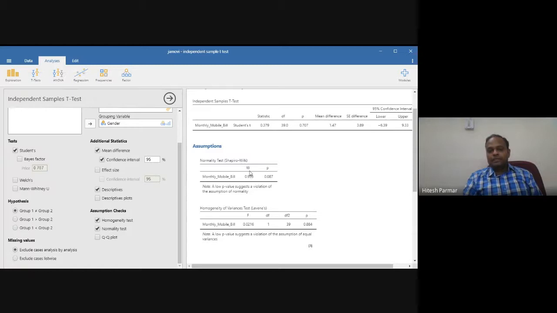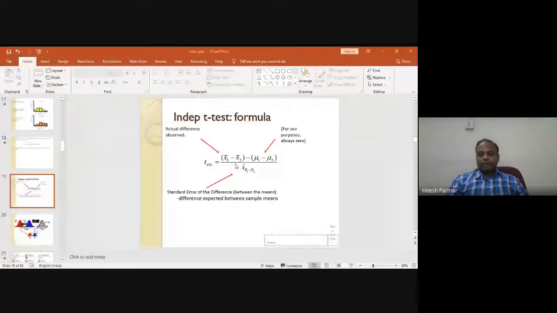Now, in this, W is called the calculated value of the Shapiro-Wilk test. W is known as the calculated value. So, for example, if I go back to our t-test formula, this is our t-test formula: x1 bar minus x2 bar divided by the standard error.